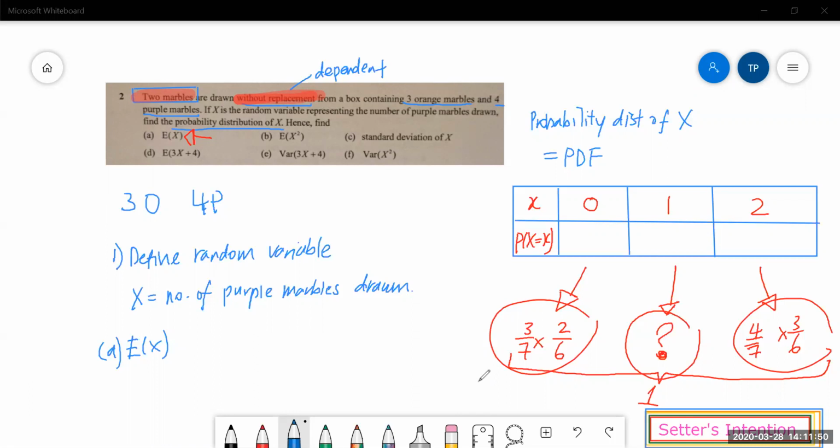So for A, B, and C should not be a problem. Or rather, in fact, everything here should not be a problem. Maybe only C and F will have a bit of a hiccup.